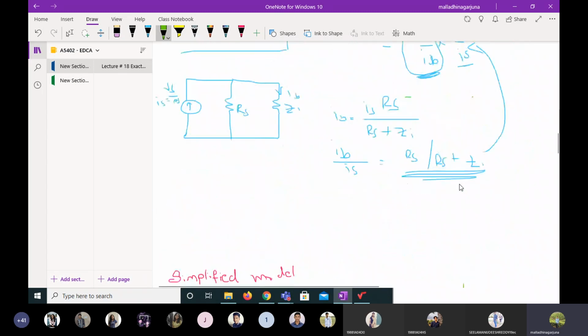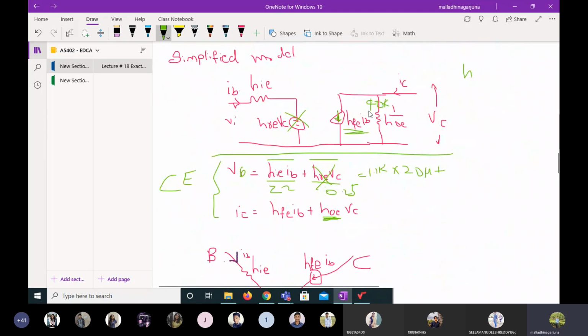So in this simplified model, 1 by HOE is a 40 kilo ohm resistor, and the load resistance we are going to take is a 10 kilo ohm resistor. Now 10k parallel to 40k, what will be the result? When two resistors are in parallel, whichever is the least value will be our approximate equivalent resistance. So 40k parallel to 10k gives approximately 8k.